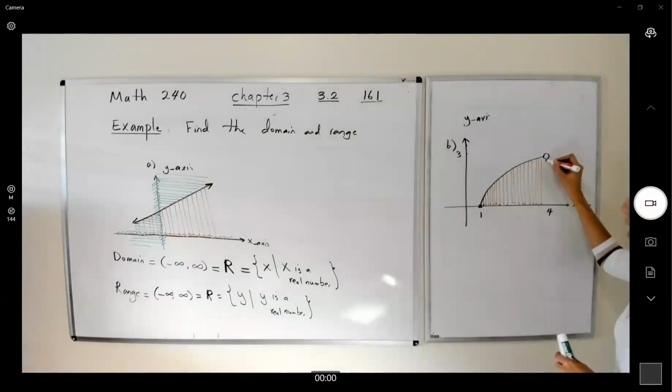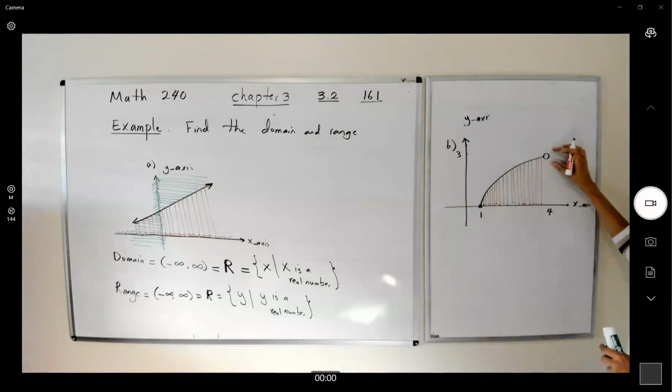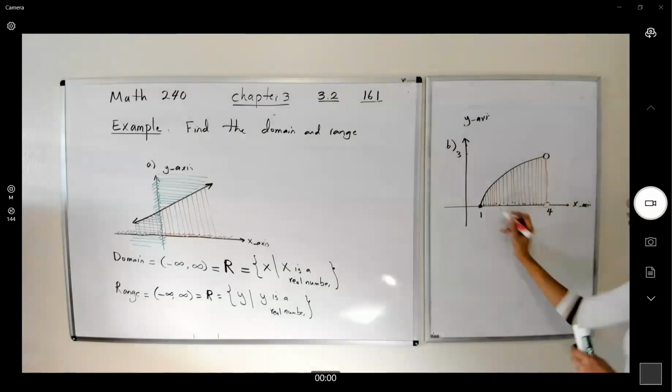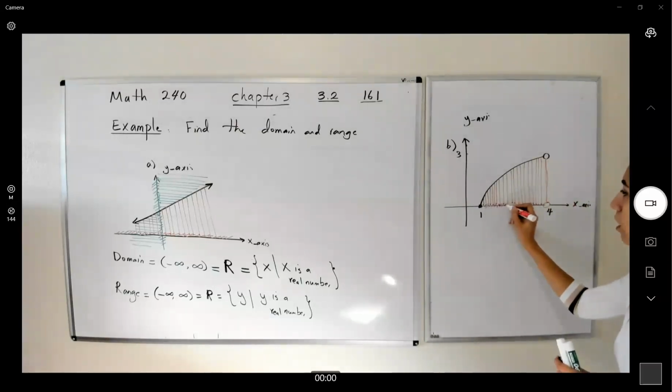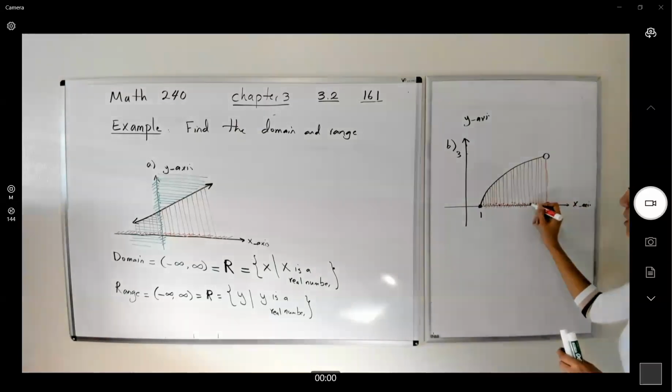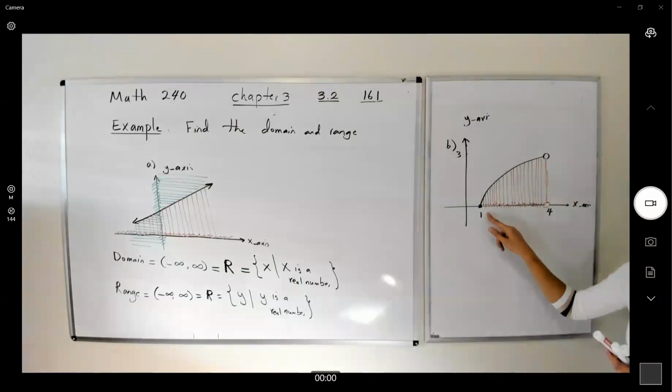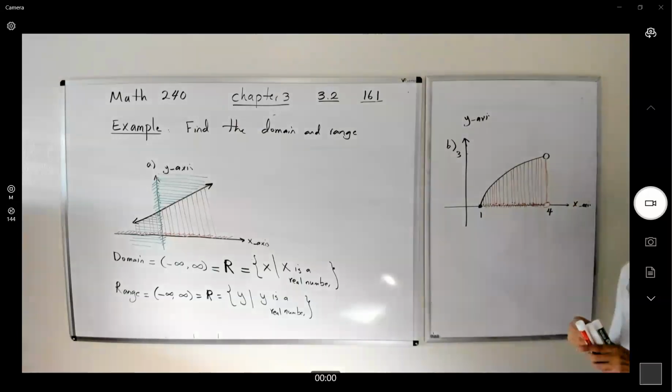And for the last point here, you see there is a hole in the graph of this function. So if you project this point, you're going to have a hole at 4. So the domain of the function is all points between 1 and 4. 4 is not included. Note that 1 belongs to the domain of this function.